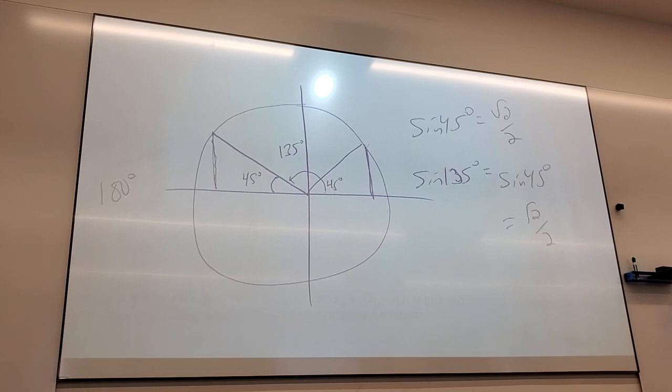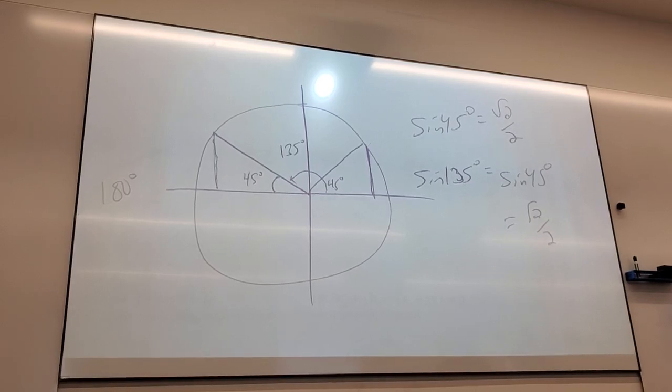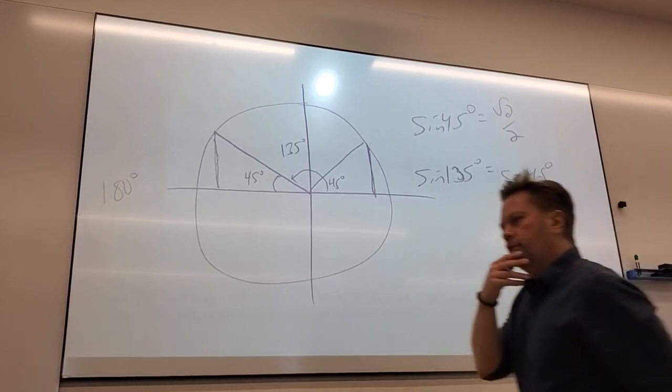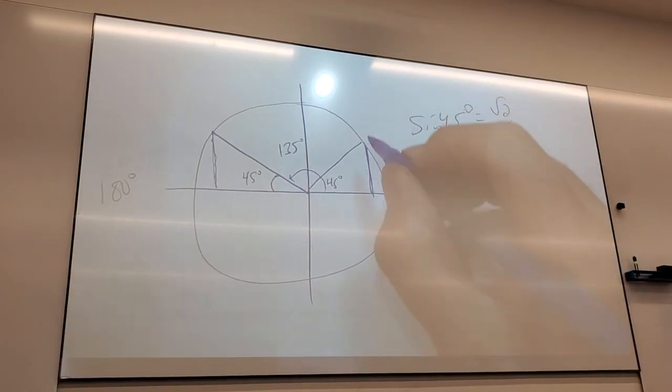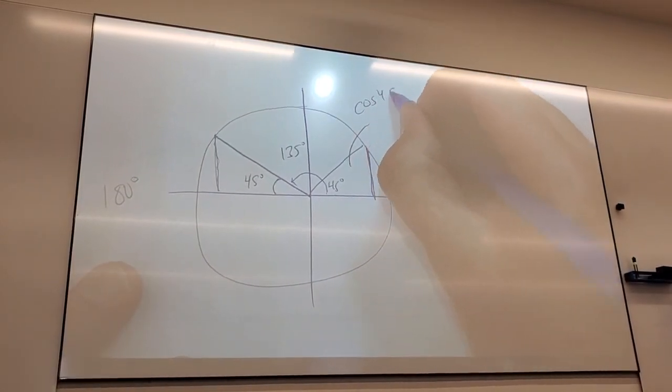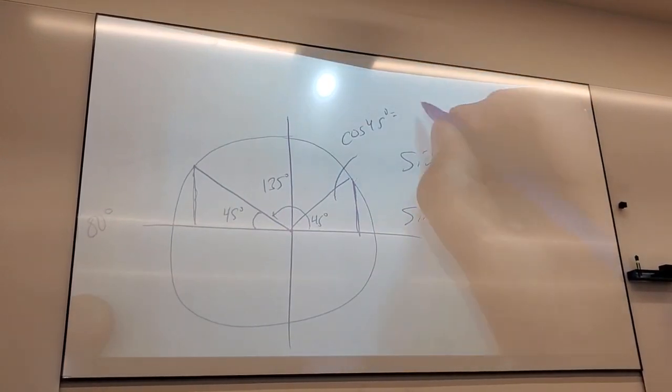Is everybody cool with the fact that sine is positive, of course, because sine is still positive in the second quadrant? Y is still positive. Now with the cosine being negative, what's the cosine of 45 degrees? Rad 2 over 2.